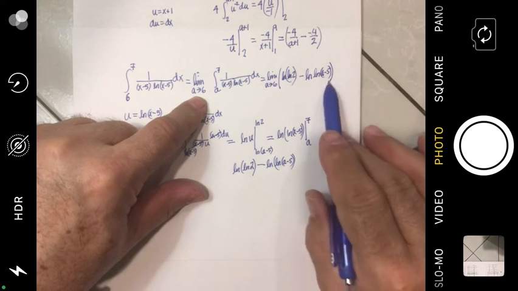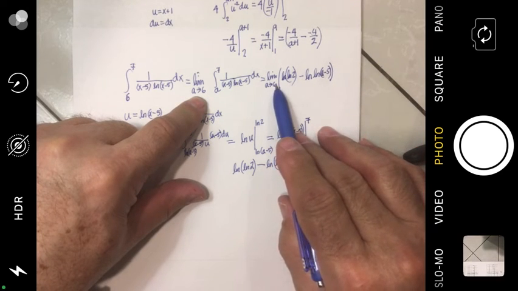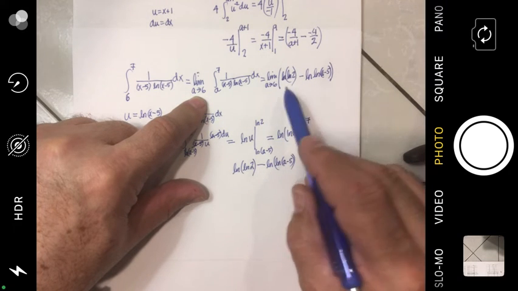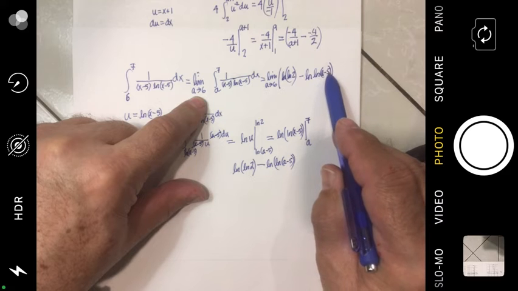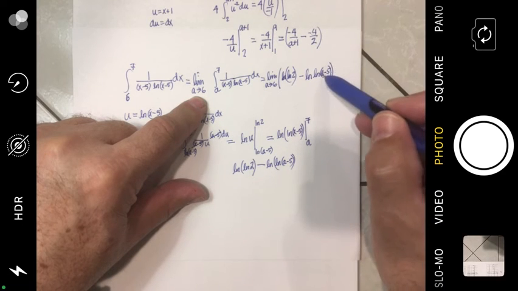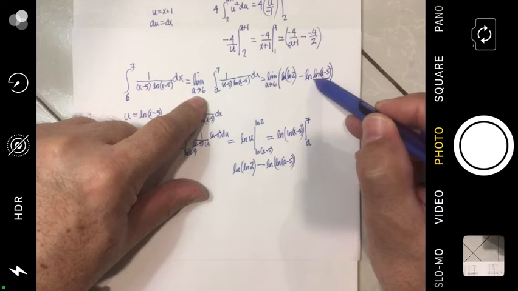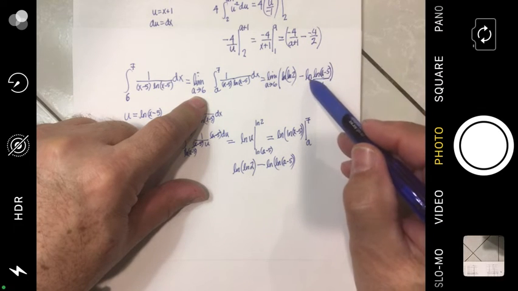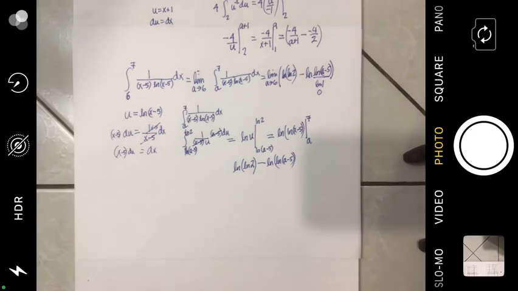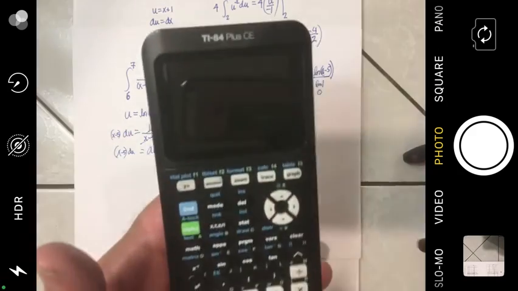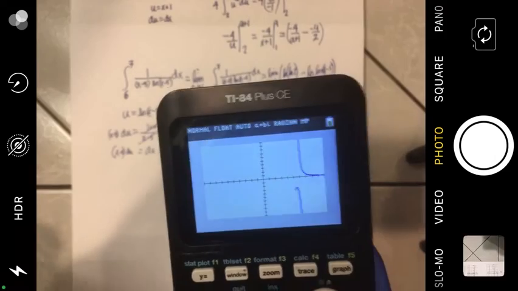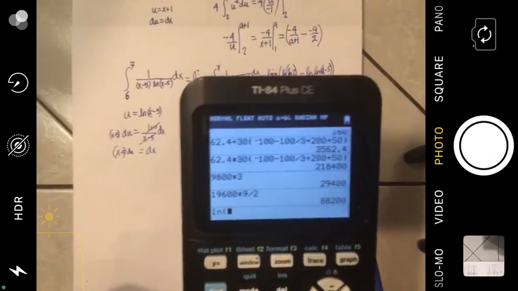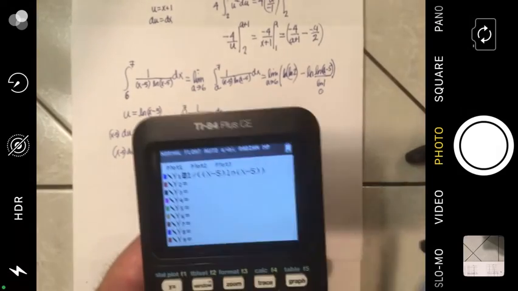Now, is this okay as a goes to 6? As a goes to 6, there's no a, so that's fine. But this, 6 minus 5 is 1. ln of 1 is 0. What's ln of 0? So let's look at the ln graph. And make sure my phone doesn't die on me. So I go ln, graph.